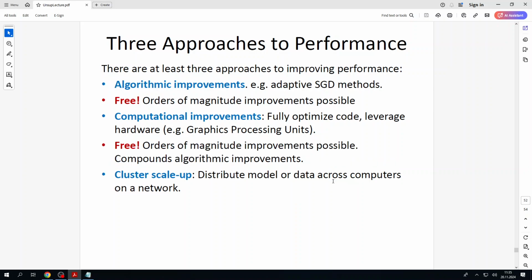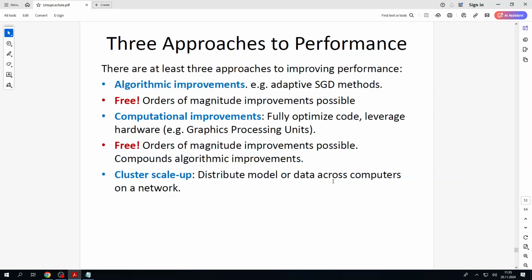Now, computational improvements: you can try to optimize your code to run faster. Let's say your system has a GPU in it, but you didn't use it, so consider rewriting your code to actually include GPU processing in your program. In this case, you already have this hardware, but you are just not utilizing it in the most efficient way.